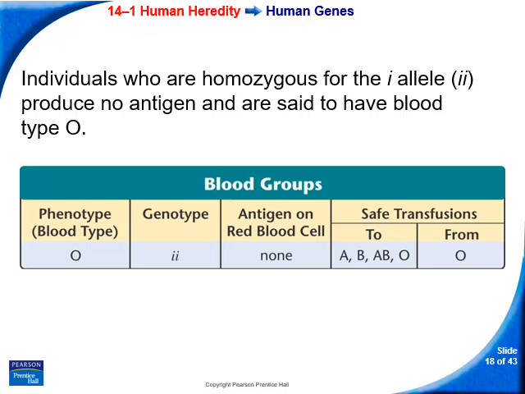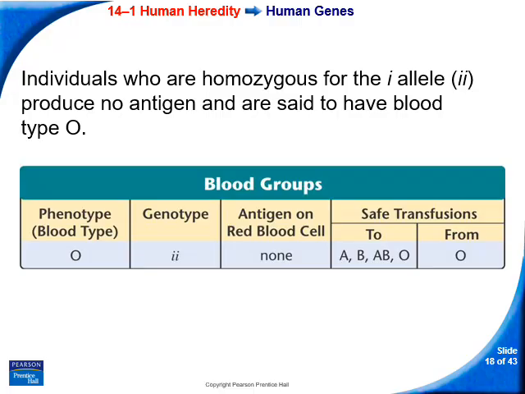Individuals who cannot produce either the antigen A or the antigen B would have the I allele. And if you are unable to produce either A or B, it would be a double I. And a double I allele would signify blood type O. There's no antigen on the red blood cell, and therefore you can give blood type O to any blood type because of the absence of antigen on the red blood cell.